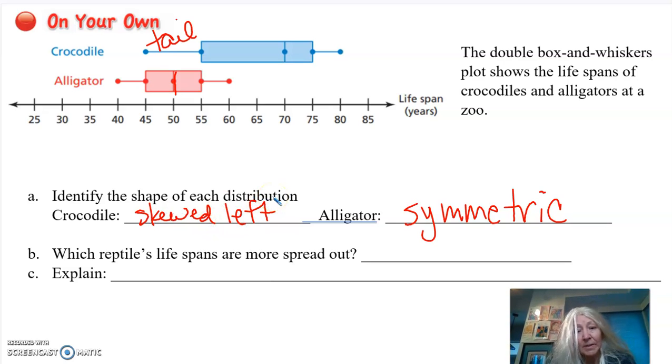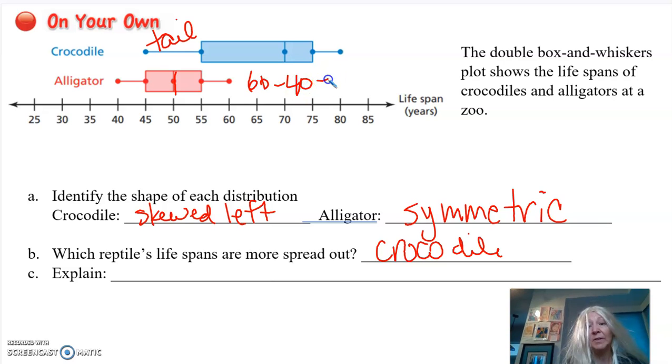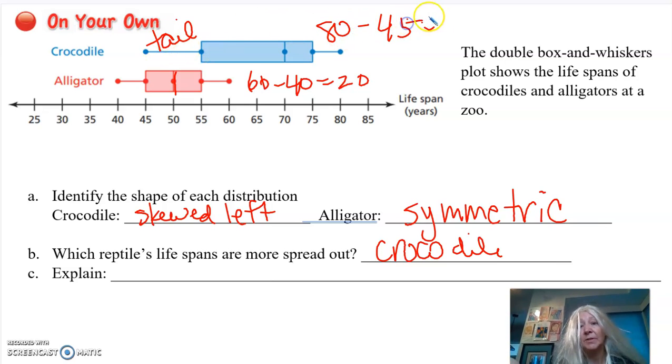And which reptile's lifespans are more spread out? I'm going to say it's the crocodile. And the explanation I give is I can talk about the range is bigger. The alligator is 60 minus 40, so the range is only 20. The crocodile is 80 minus 45, which is 35.